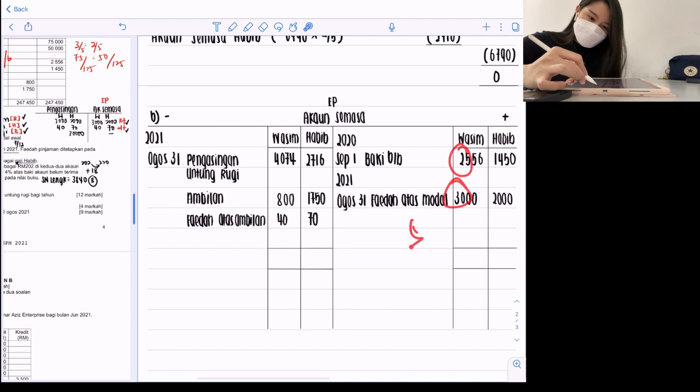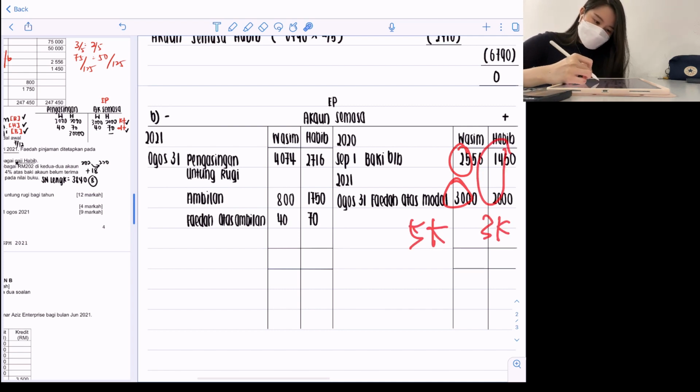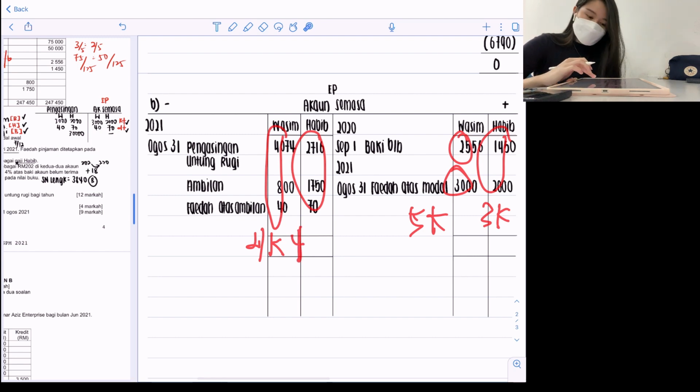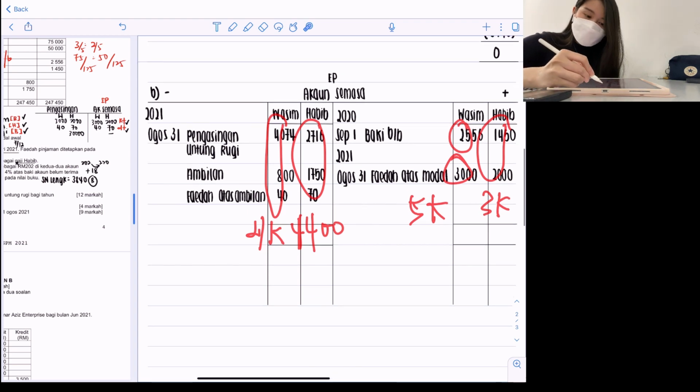Here we have 3K. On the other side, Wasim, we can see it's maximum 4K, and here also 3K, wait, no, 4K. Why? 4,400 at least, because 27 plus 17, right? So I would say that for Wasim the credit side is bigger, while Habib is debit side bigger.